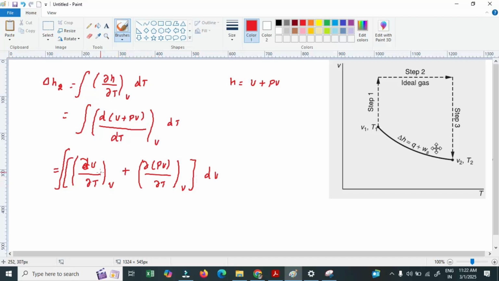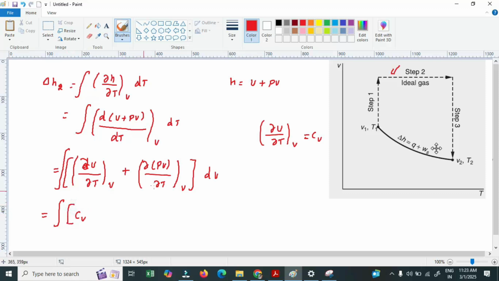And we know from the basic fundamental property relationship that dou U by dou T under constant volume equals Cv. And since here we are dealing with an ideal state, I need not use the Redlich-Kwong equation. This term can be replaced by Cv, and I can replace PV as RT.